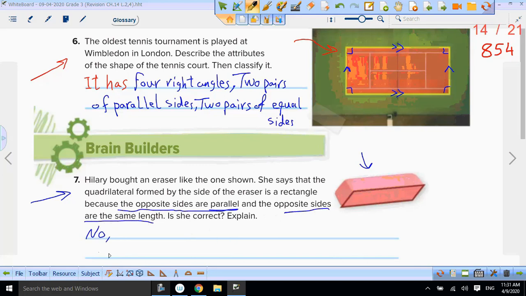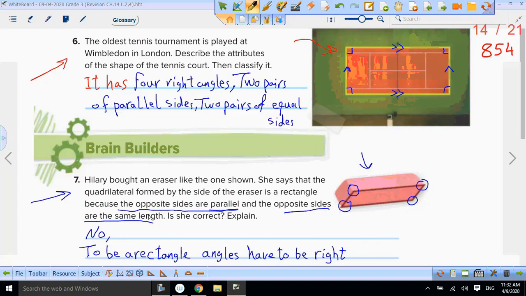But to be a rectangle, angles have to be right. But these angles are not right angles. So this is not a rectangle.